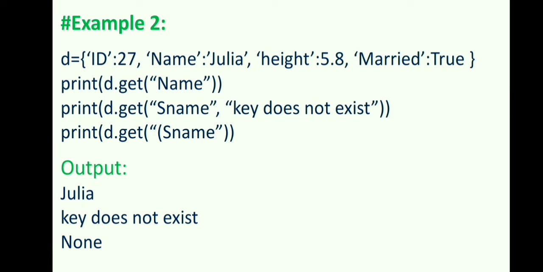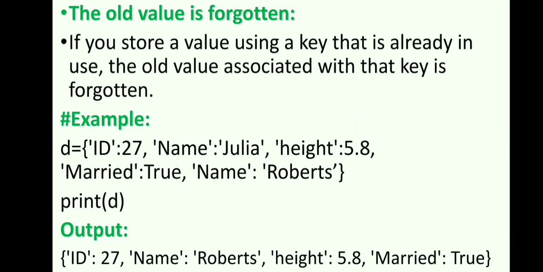Here the specified key sname is not in the dictionary and we have not defined any default value, so the output will be None. If the key is in the dictionary, we get its value. If the key is not in the dictionary, we get the default value defined by you. If you do not supply a default value and the key is not in the dictionary, then you get back None.